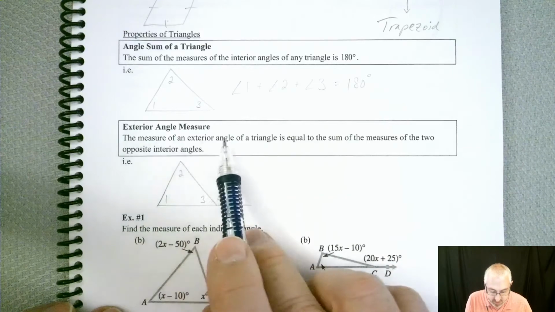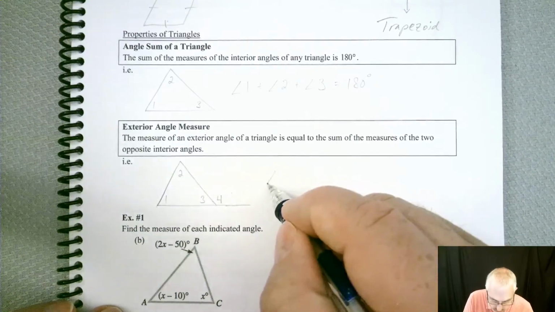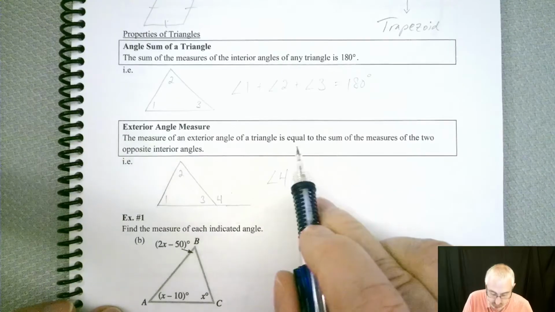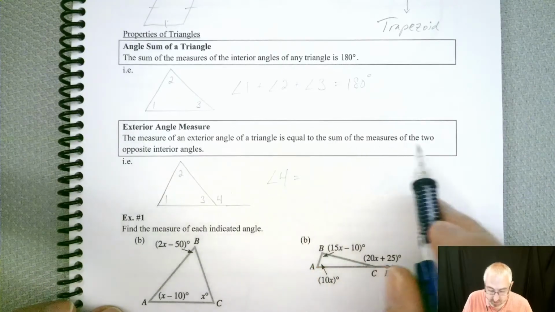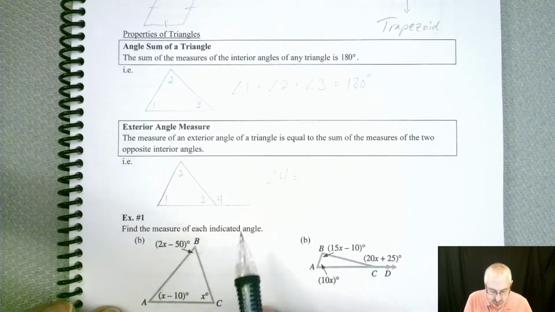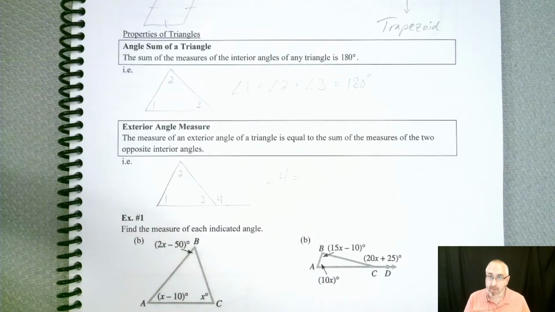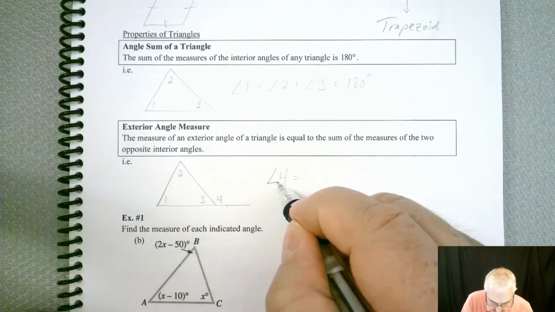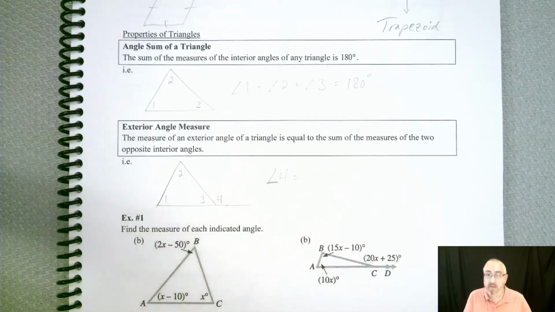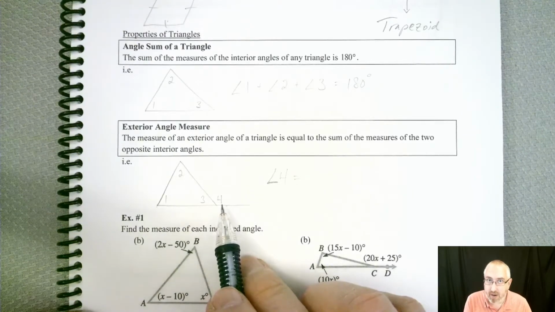So let's read it one more time. The measure of the exterior angle, so this angle all by itself, angle 4, is equal to the sum of the measures of the two opposite interior angles. So these are the interior angles. Which two are opposite that exterior angle? Opposite means far away. Which ones are the furthest away from that exterior angle that are inside the triangle?